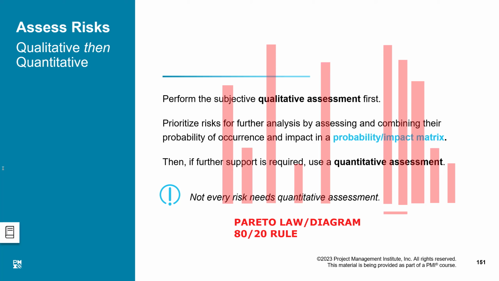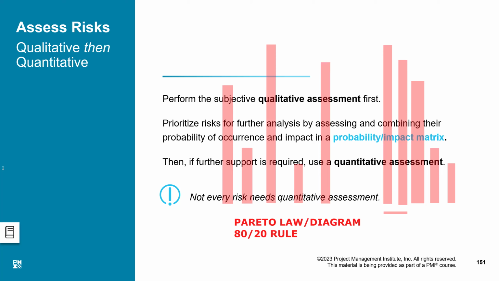So 20% of the risks, the biggest risks, will require 80% of the money, and the remaining 80% of the categories will require just 20% of the funding. Does it make sense? Okay, good.